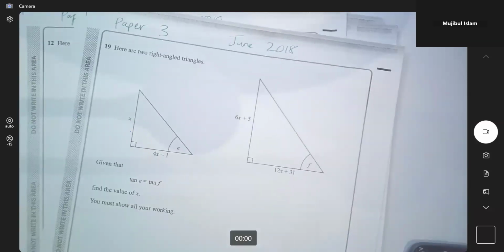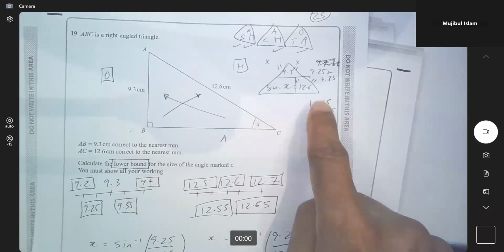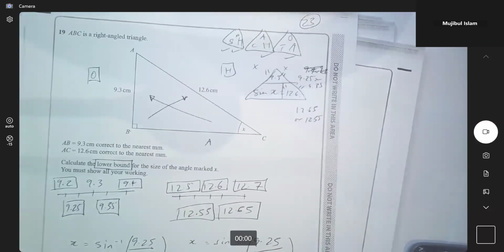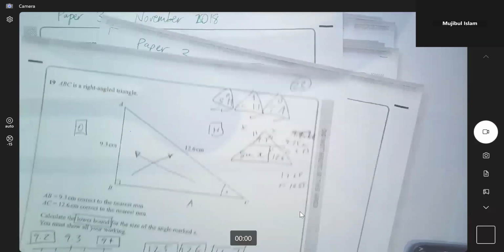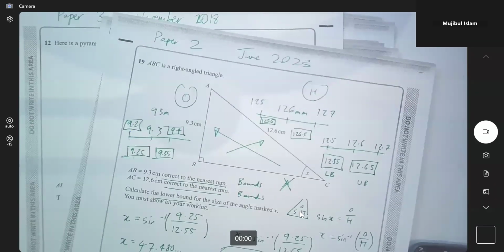Just like with the question we've just done, there is usually a method mark for finding the bounds, and then finding sine. Let me prove this to you before I end the session.